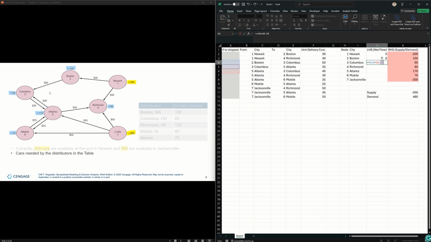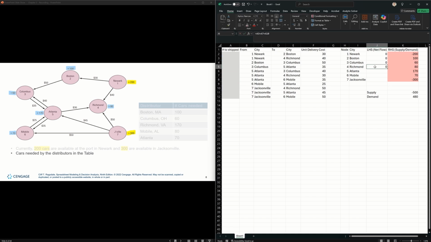Coming to Columbus, leaving Columbus. And then we have Richmond, and Richmond we have 3 only incoming flows pointing towards it. So this means that we have all in plus. Again, coming out of Newark, coming out of Atlanta, and coming out of Jacksonville. So basically, whenever we see Richmond here, we should add that. Richmond as a receiving city plus Richmond, we should be good here.